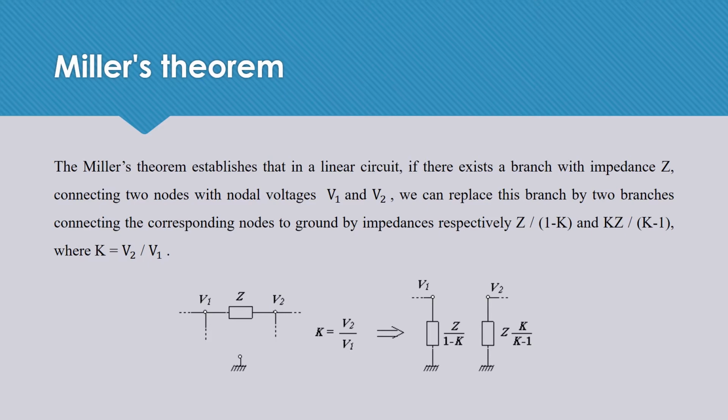It asserts that a floating impedance element supplied by two voltage sources connected in series may be split into two grounded elements with corresponding impedances.